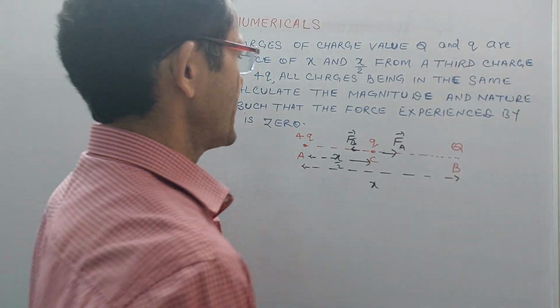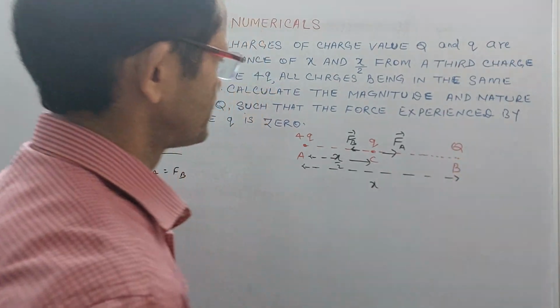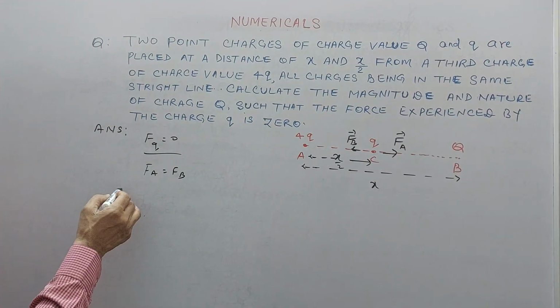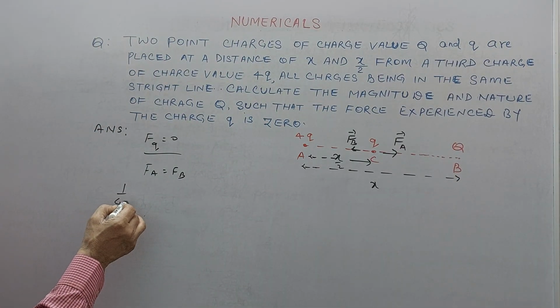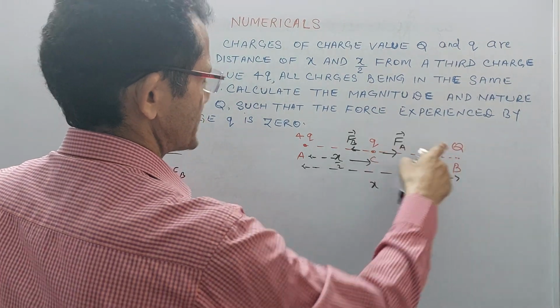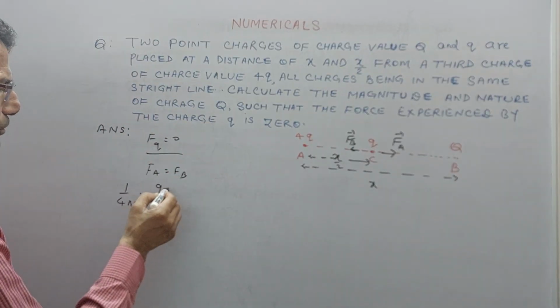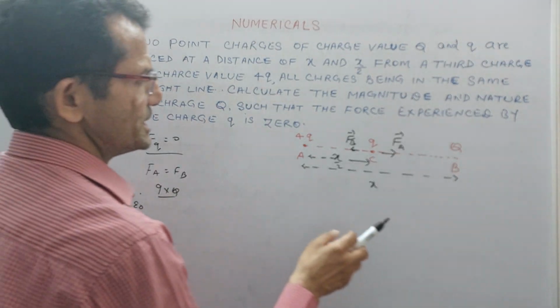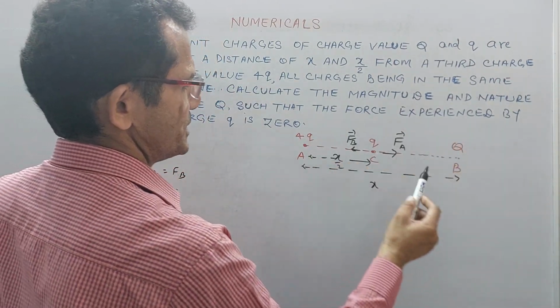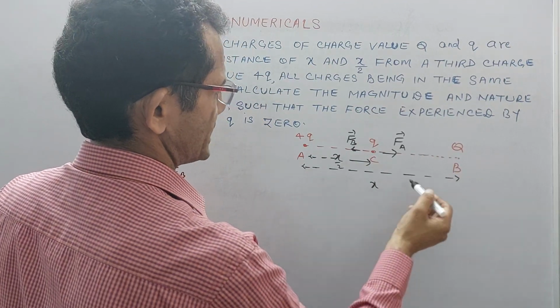Now if I calculate the value of FA, using Coulomb's law in electrostatics, 1 upon 4 pi epsilon naught. FB has the value Q times capital Q divided by the square of the distance CB, because this is x and this is x by 2, so this should also be x by 2.